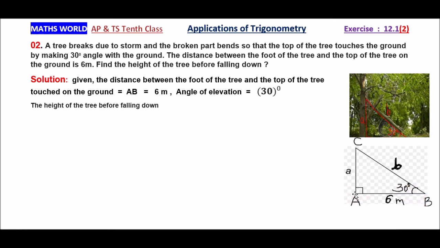And the distance between the foot of the tree A and the top of the tree where it is touched the ground B, AB is equal to 6 meters. Okay, got it now? Now the height of the tree we have to find out.